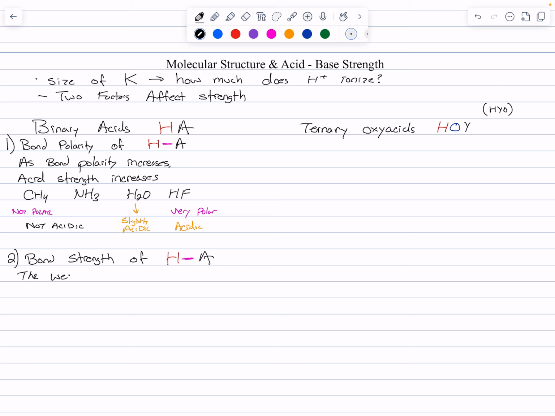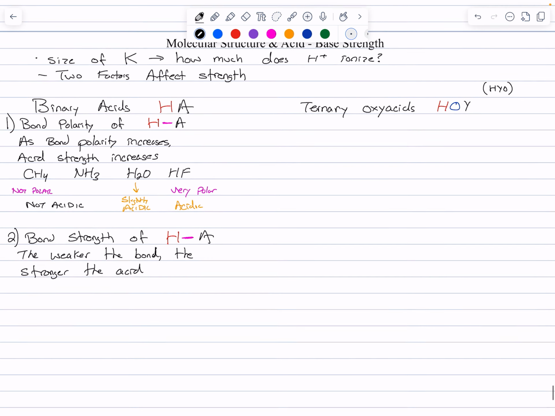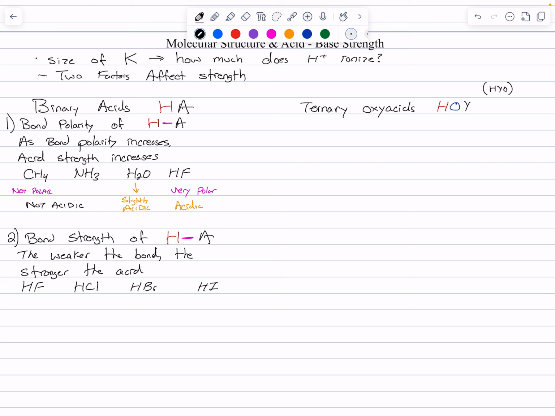The weaker the bond, the stronger the acid. Right? And so if we have a couple acids here, HF, HCl, HBr, HI. So the halogens, right? We already know that HF's a weak acid, and HCl and HBr and HI, hydrochloric, hydrobromic, and hydroiodic, are strong acids.